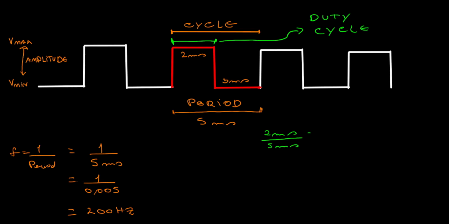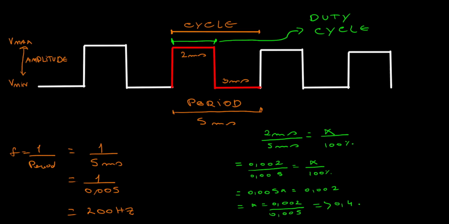We know that 5 milliseconds is 100% of the time, so we want to know how much is 2 milliseconds. So solving this, the duty cycle stays high for 40% of the time.